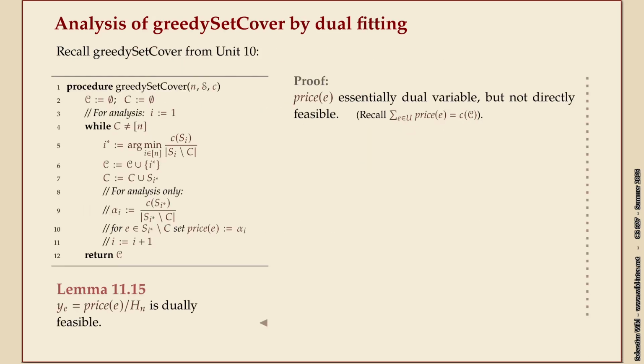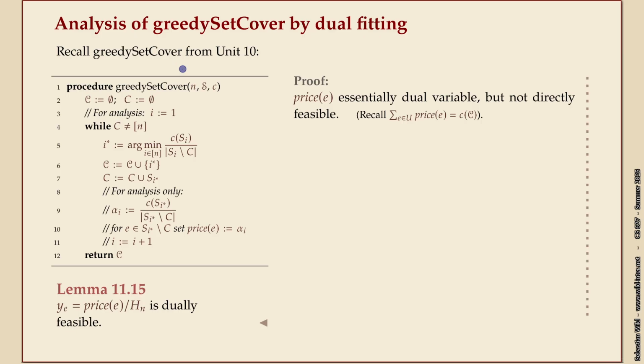How can we use this in making an approximation algorithm? What we'll do is actually not a new algorithm, but the same one we've seen before, the greedy set cover algorithm. And if you remember from last week or so, the analysis there was this price lemma.